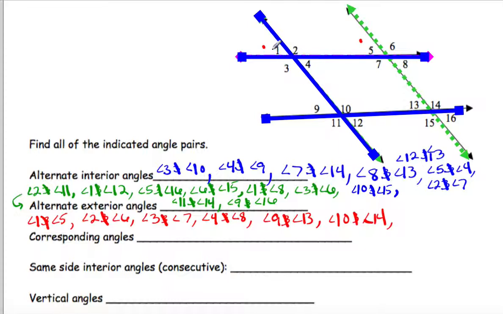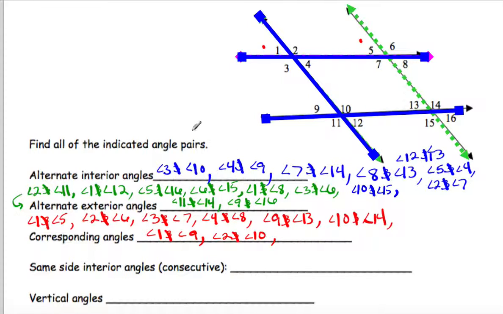So corresponding with 1, with that particular pair that I'm looking at, would be angle 9. So in this picture, 1 corresponds to more than just, 1 and 5 correspond, but also 1 and 9 correspond. Angle 2, we had it corresponding with 6. 2 also corresponds with 10. So it depends on how complicated your picture is.